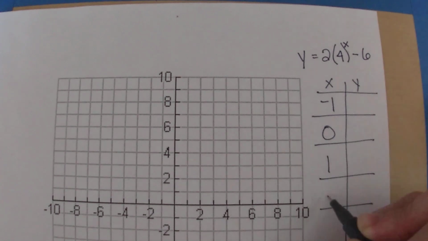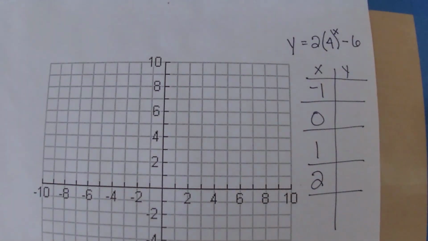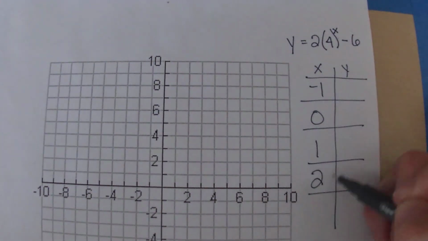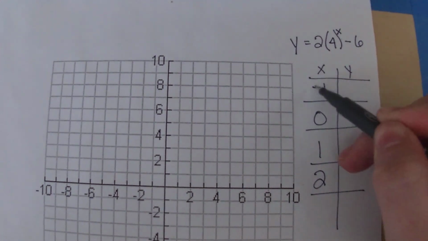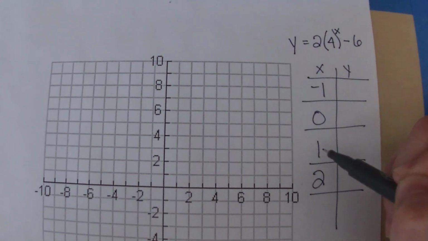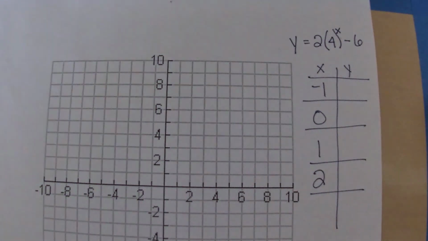So I'm going to do -1, 0, 1, and 2. Again, just one more reminder, make sure you pay close attention. These values will be given to you, but if this is a really weird output, I might just give you 0, 1, 2, 3. So just make sure you're paying attention to those values that are given to you.